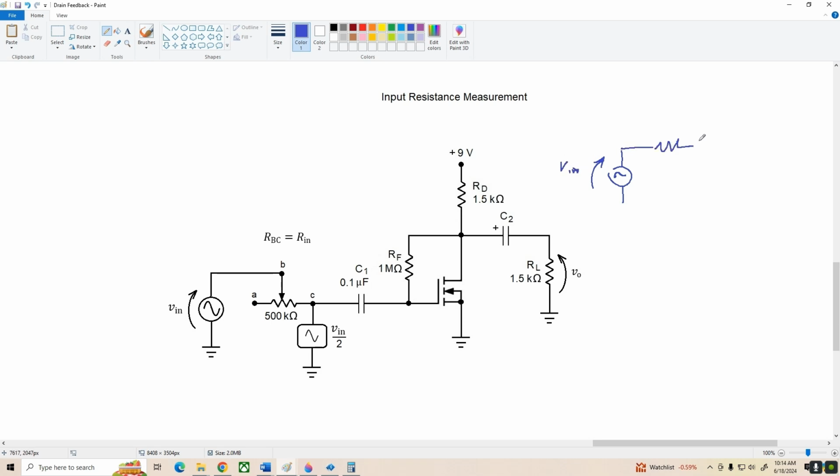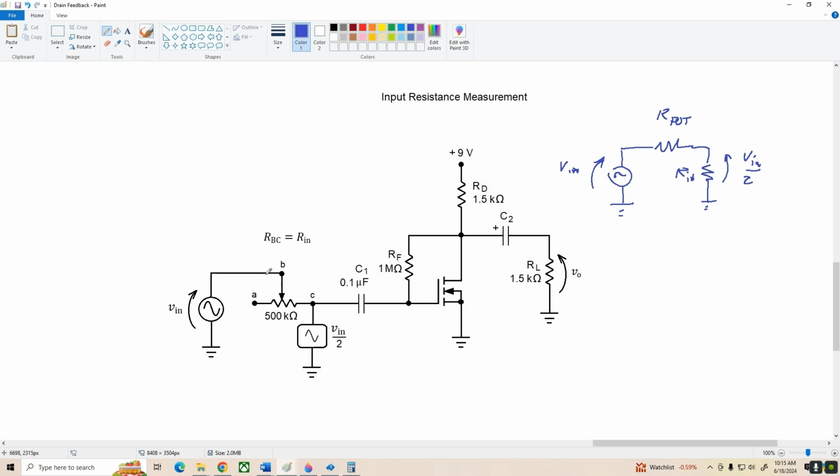Here's the potentiometer, I'll call it R sub pot, and here's the input resistance of our amplifier, Rin. And what happens is, if Rin equals R pot, then we have a voltage divider that splits Vin evenly. We get Vin over 2 here.